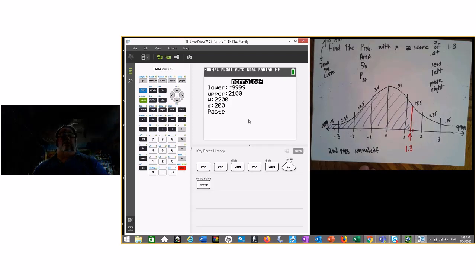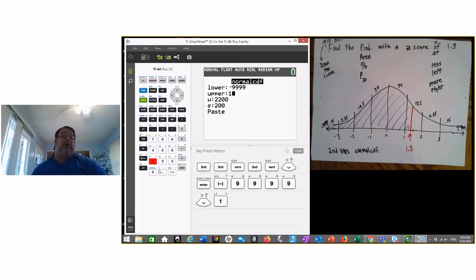Now, the lower is negative 9999. Upper is 1.3. Now see, this is where a new calculator will help you. You don't have to calculate because you have the ability to punch in the mean and the standard deviation.